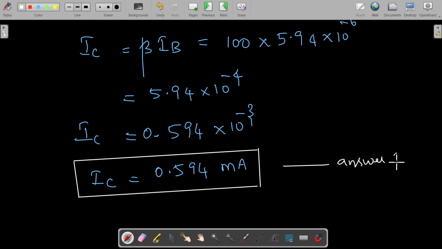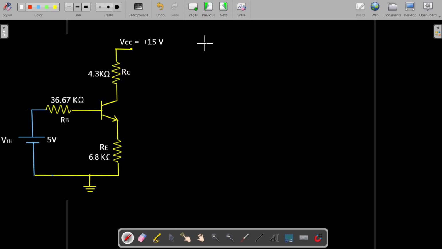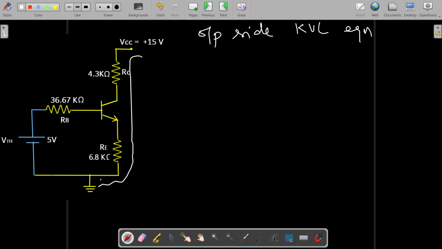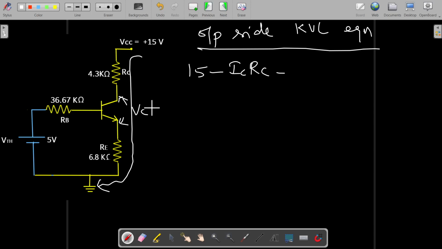First answer we got. So with the same circuit, we are going to write the output side equation, KVL. At the output side, we are going to write the KVL. So it starts from here and ends here. Okay. So starting from here, we can write it as 15 minus ICRC minus across this, we will be getting VCE, isn't it?